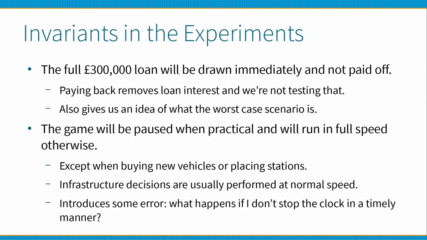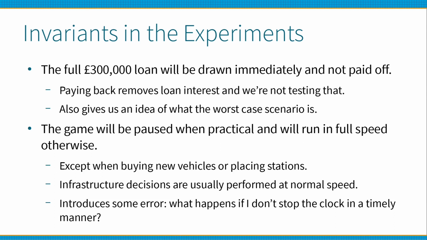And then finally, we're going to pause whenever it's practical, so that we account for human error that can happen. And otherwise, when we can, we'll run at full speed. That is at time warp.